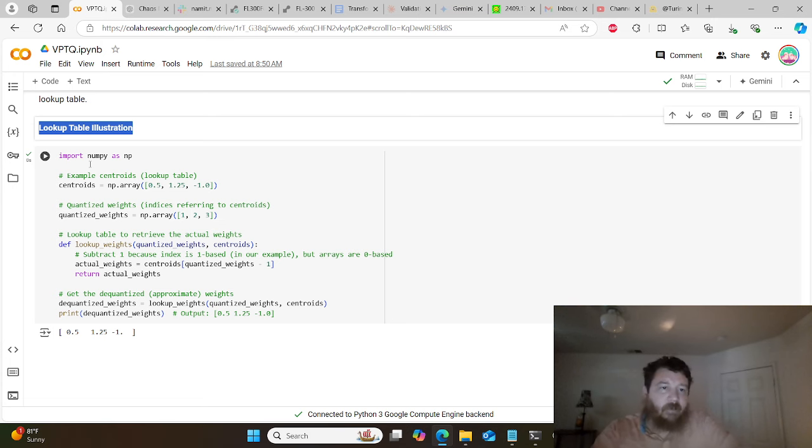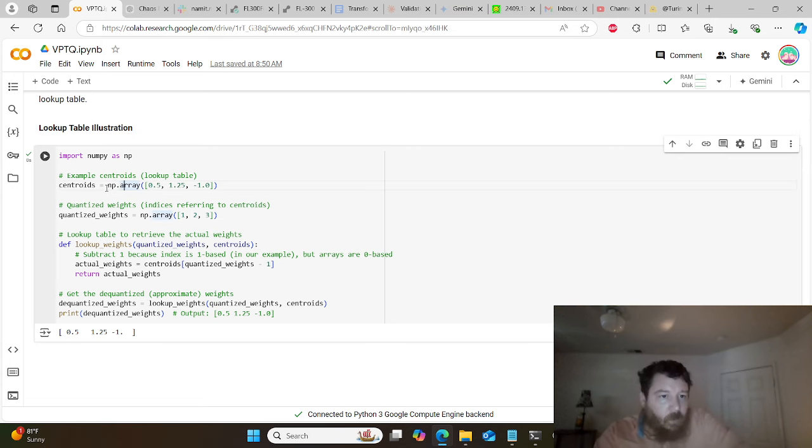It's all math. Within this, what we're showing is what our centroids would be in this instance. Again, we have our word vectors, and then we use our k-means clustering algorithm to find the center of those word vectors, which is here. And then we turn those into a quantized weight based off of this formula.